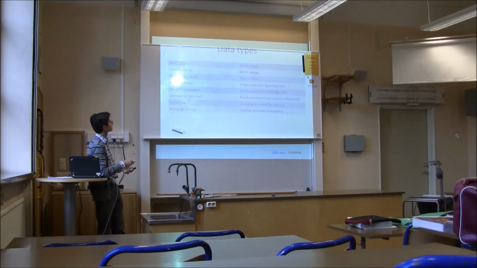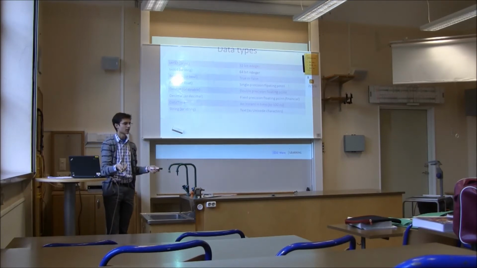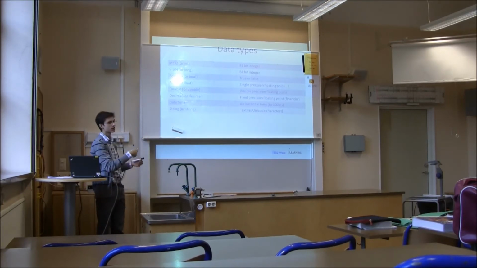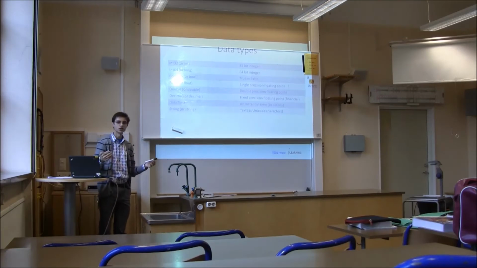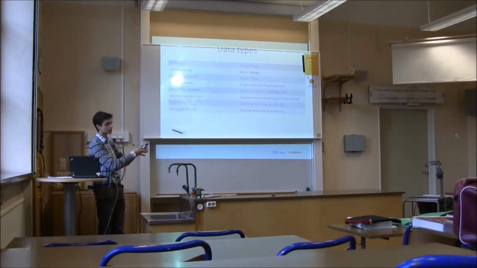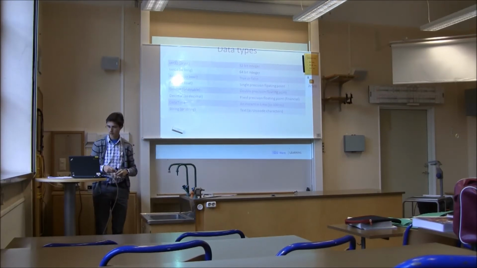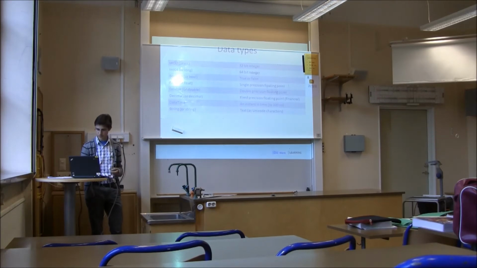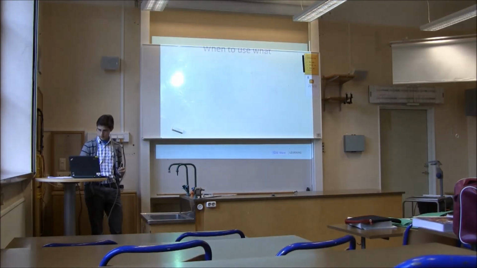Decimal is also a number, double is also a number, float is a number, and these two are numbers. If I would have created a loop using a decimal, of course it would take longer time. Not because you would see any difference, but still, it would take longer time. And in the long run, if you would have a lot of these loops, it would, of course, change the performance of the product. So when to use what?